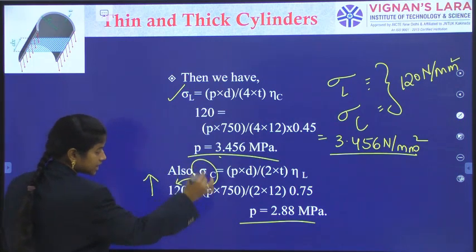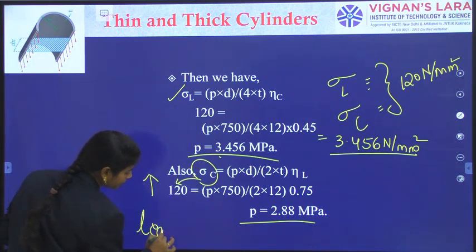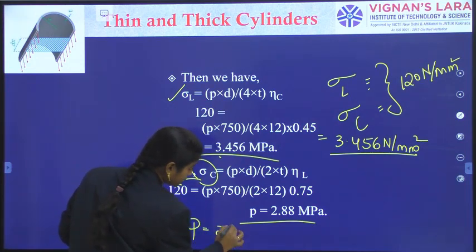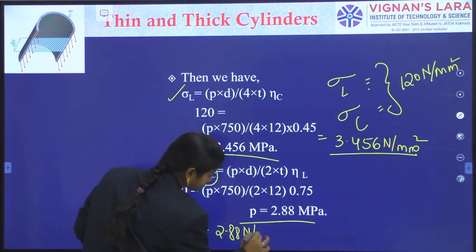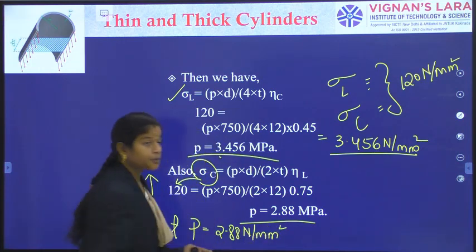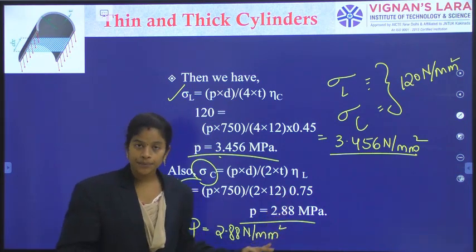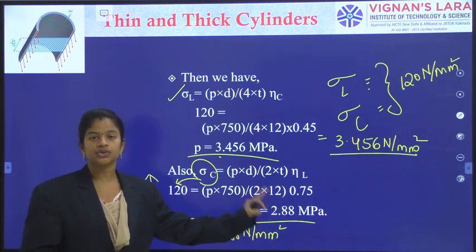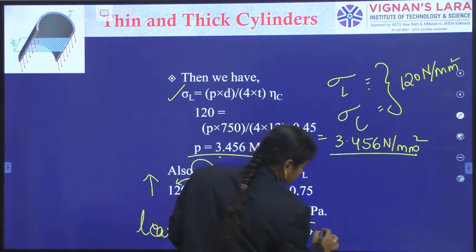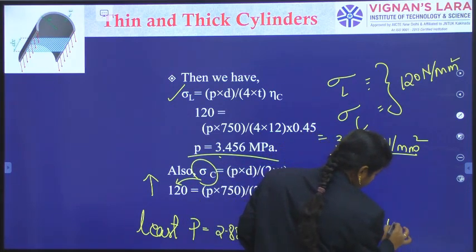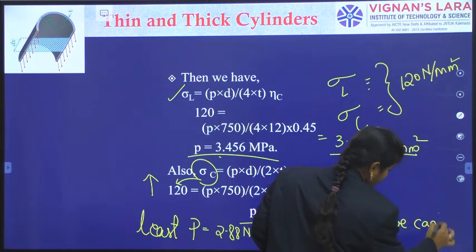So of these two, the least value of the pressure is 2.88 Newton per mm square. Up to this pressure only I can give to the fluid. So this is the pressure we can give to the fluid.